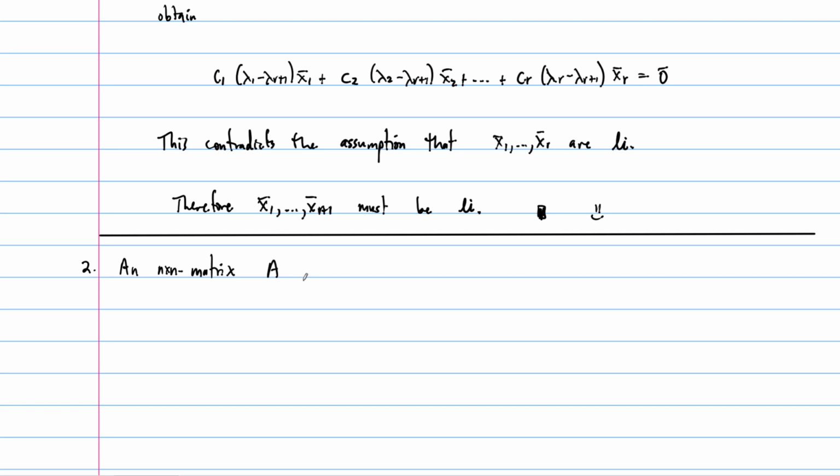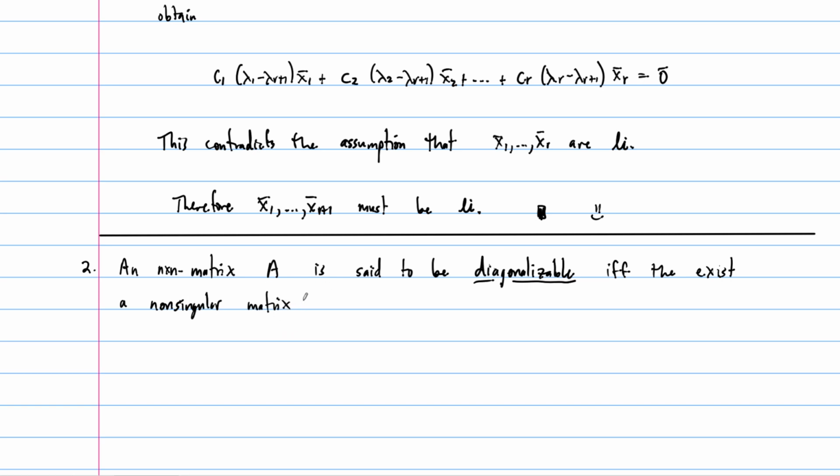But an n by n matrix A is said to be diagonalizable if and only if there exist two matrices, but really one major one here: a non-singular matrix X, non-singular meaning the columns are linearly independent, and a diagonal matrix D, which could be singular, such that the following is true.